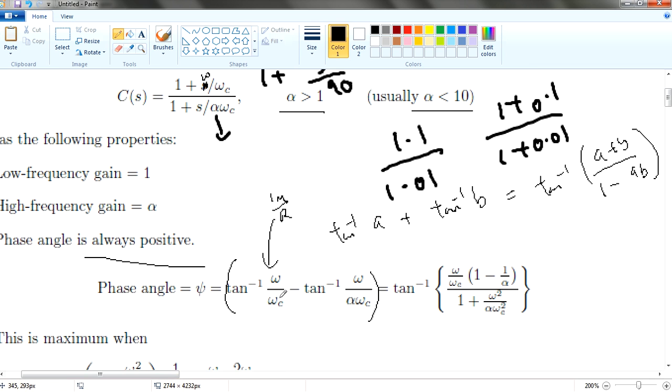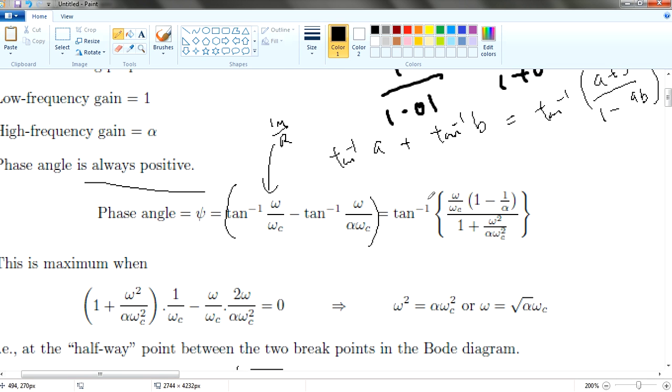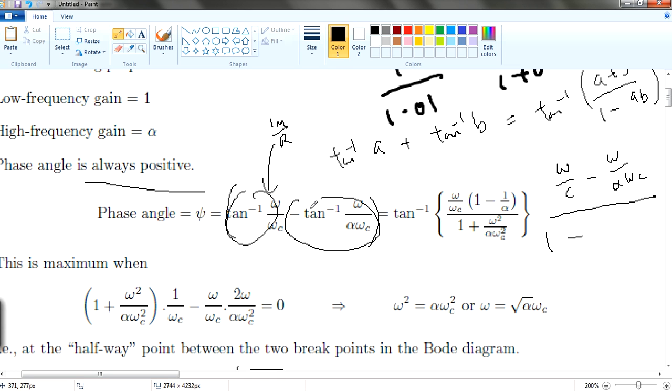So if you were to do that, omega divided by omega c, plus, because it's minus, omega c minus alpha omega c, right, divided by 1 minus AB. So I have 1 minus, because minus this term times this term will have plus, right?